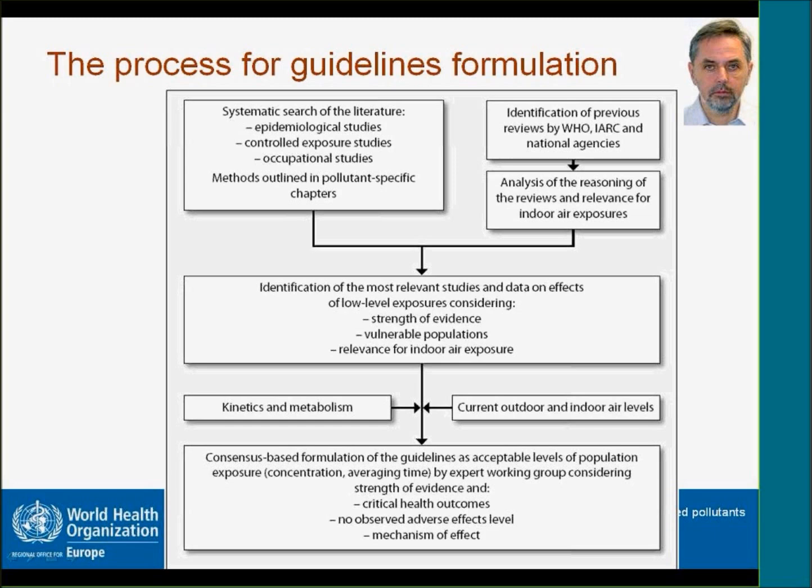This information was looked at together with information on mechanisms of action of those chemicals and with evidence on current outdoor and indoor levels of those pollutants in the air.